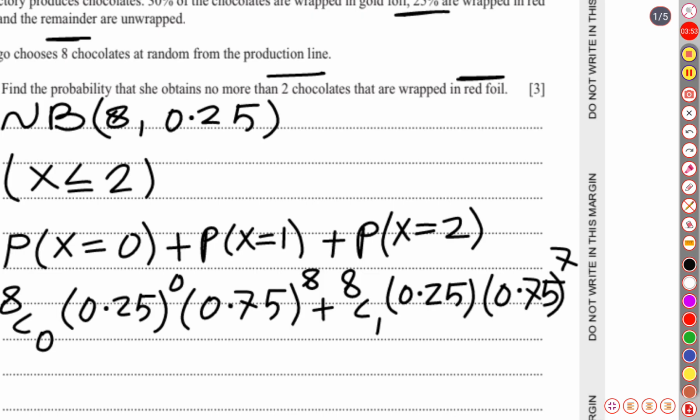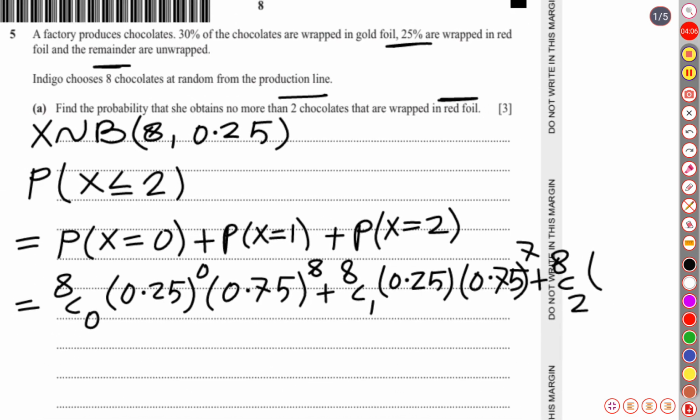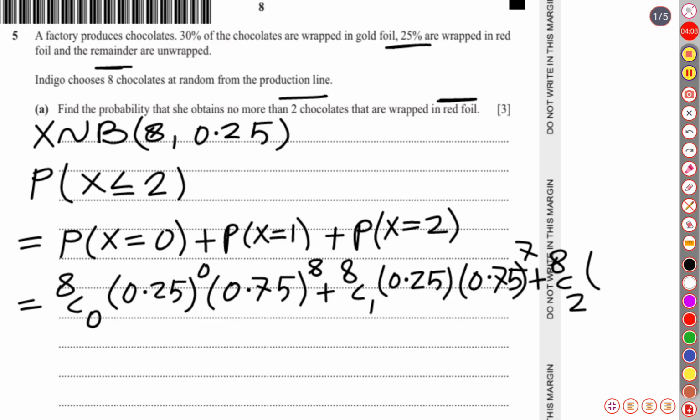Well, after that she might choose 2 of the chocolates. So 8 choose 2, where 2 of the chocolates were wrapped in red foil: 0.25, and the exponent is 2.